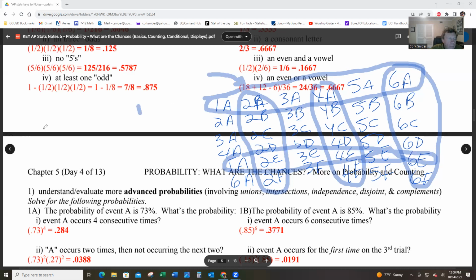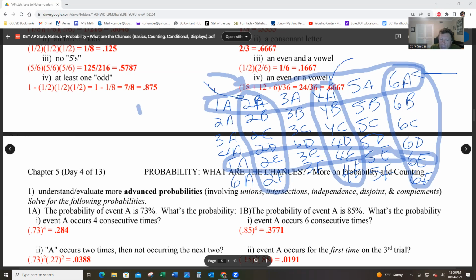We double counted this one right here. 2A, 4A, 6A, and all the E's.